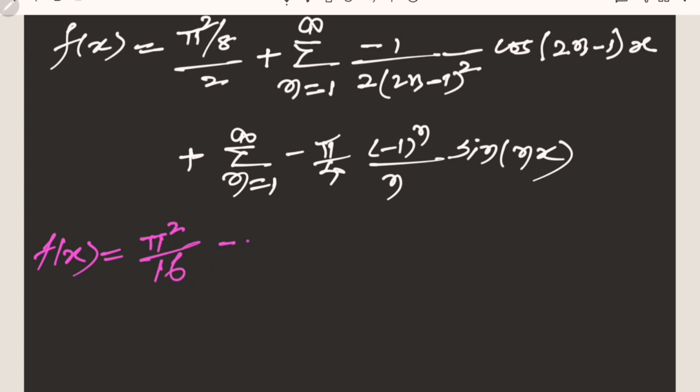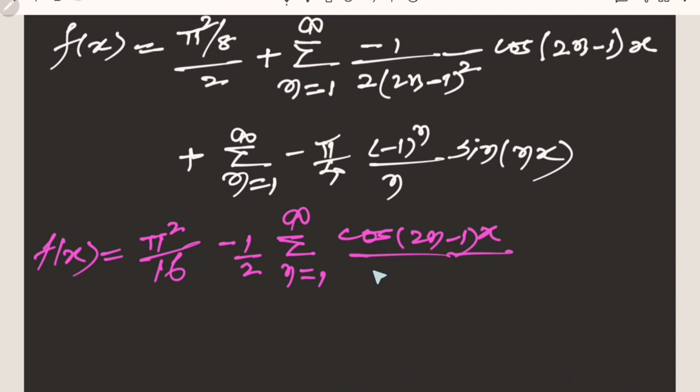We simplify it again. π²/16 minus 1/2 we take outside. Summation from 1 to infinity of cos((2n-1)x) divided by (2n-1) whole square. Minus π/4 outside.